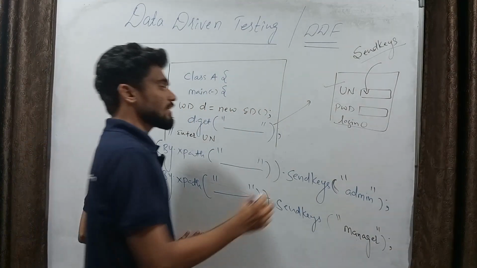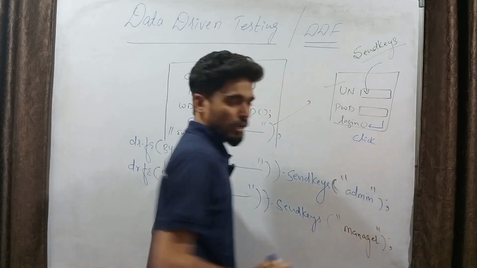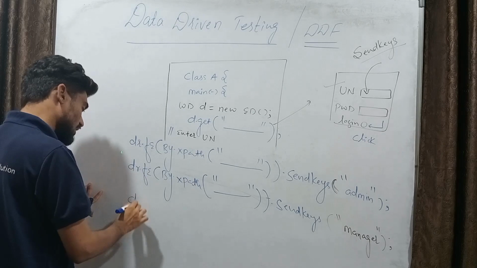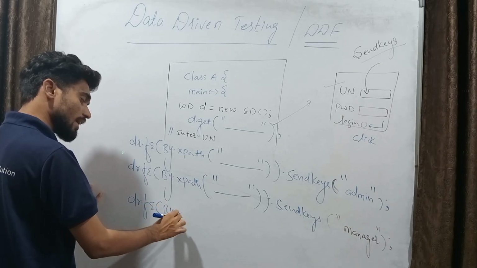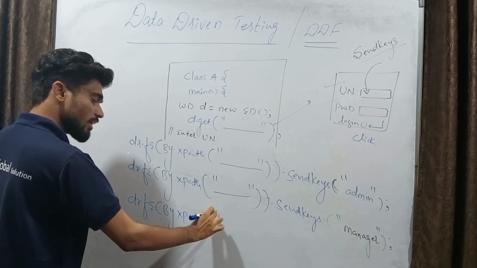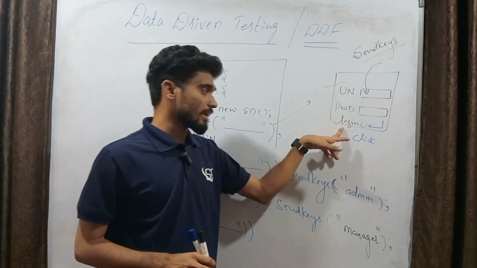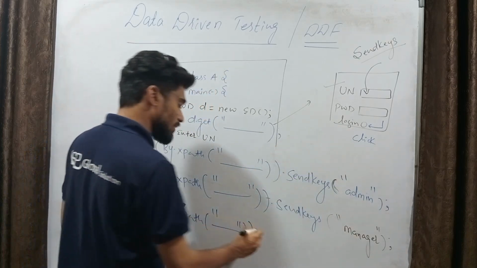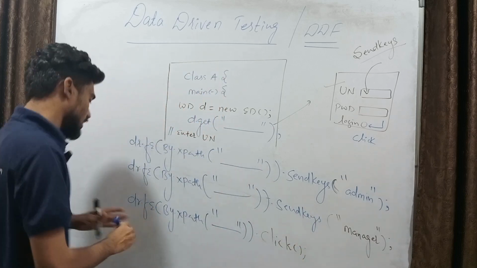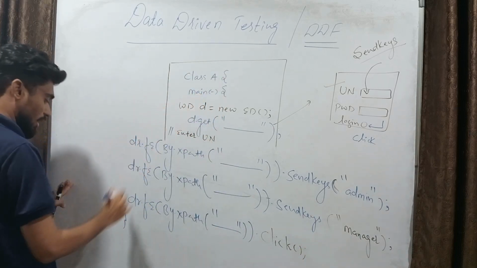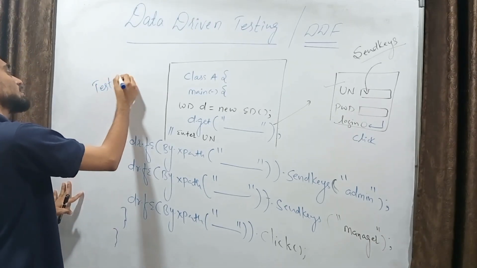And finally this is the button, and we need to click on it. So driver.findElement(By.xpath(xpath expression)), and since it is a button, we need to use the click method. Now I will close the main method block and the class block. So this is your simple test script.